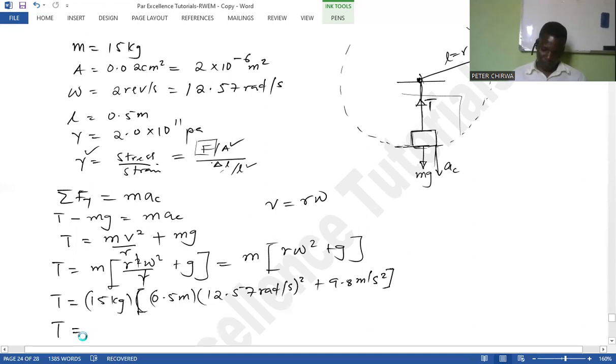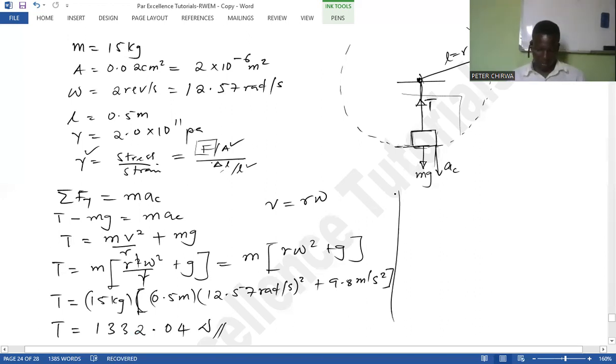So I'm getting tension as 1332.04 Newton. So that will be the force that I'm going to use.